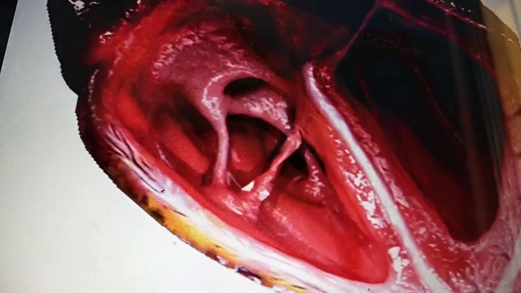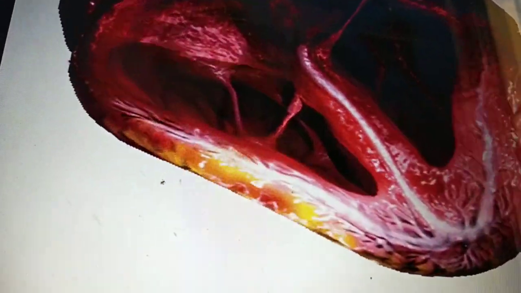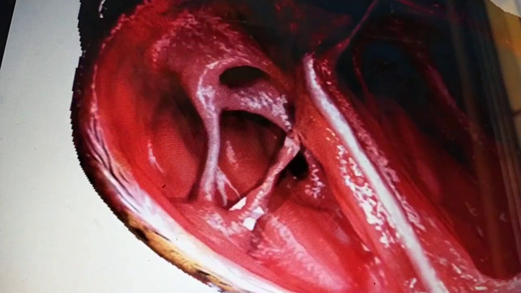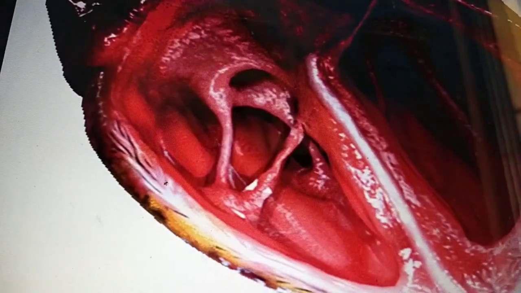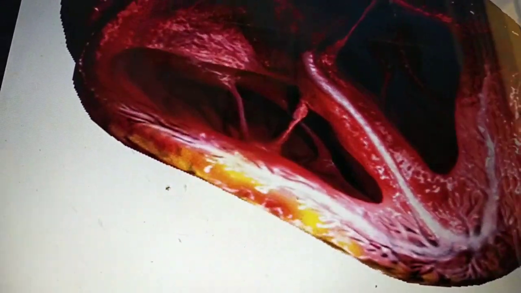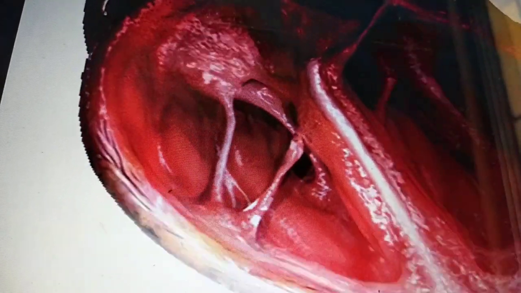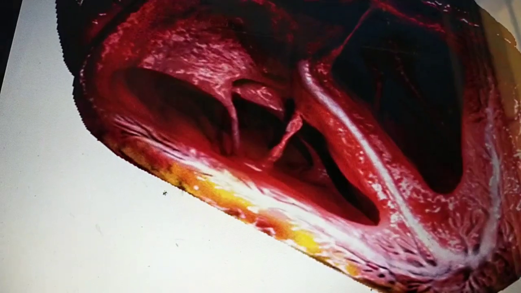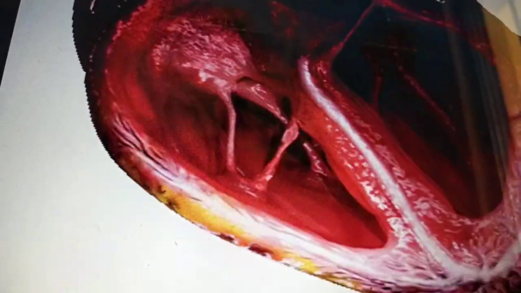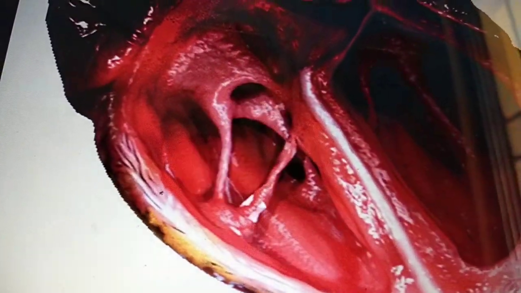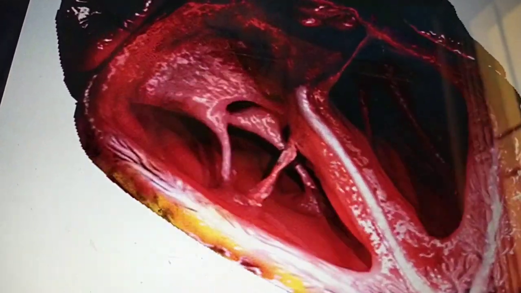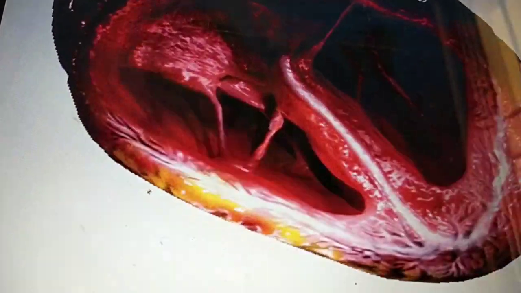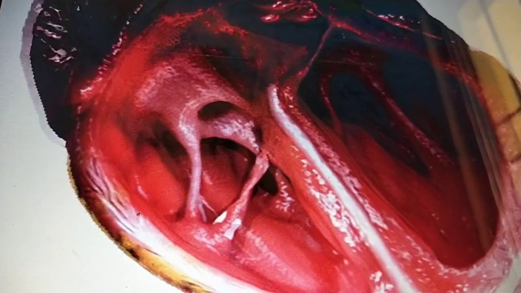Chordae tendineae are thin, thread-like bands of fibrous tissue which attach on one end to the edges of the tricuspid or mitral valve of the heart, and on the other end to the papillary muscles. And chordae tendineae anchor the atrioventricular valve to the ventricles.